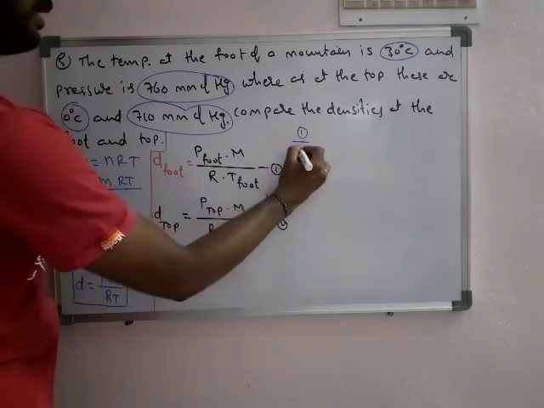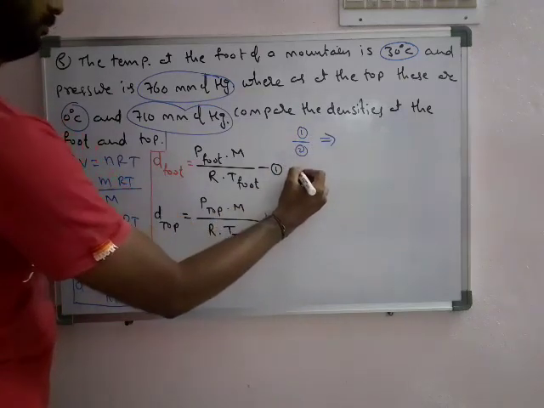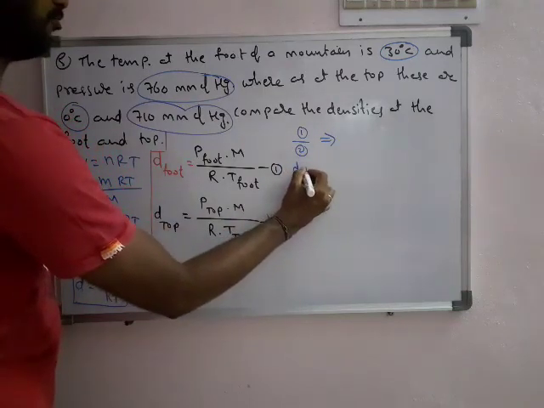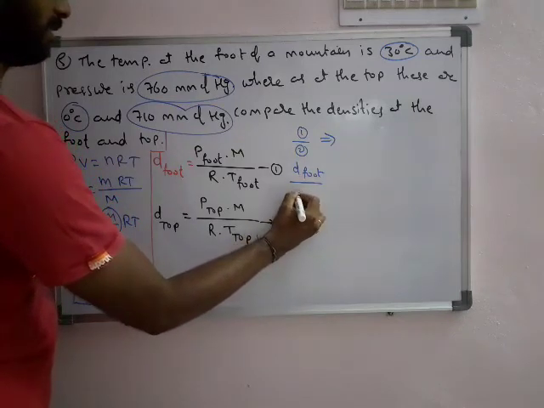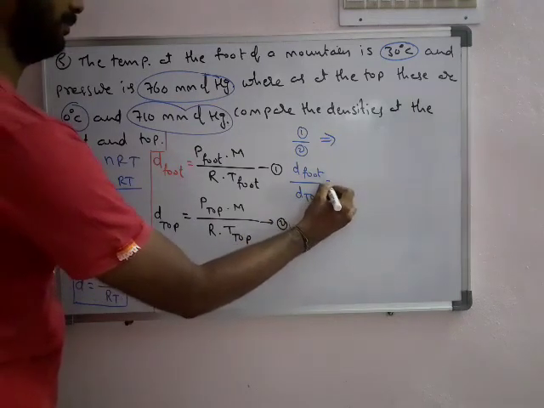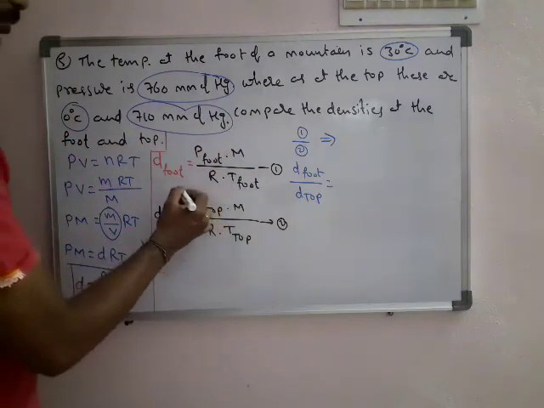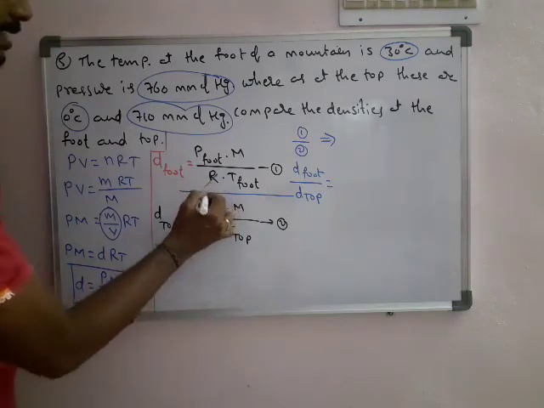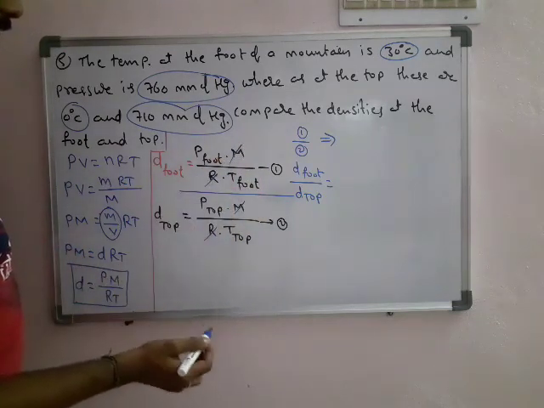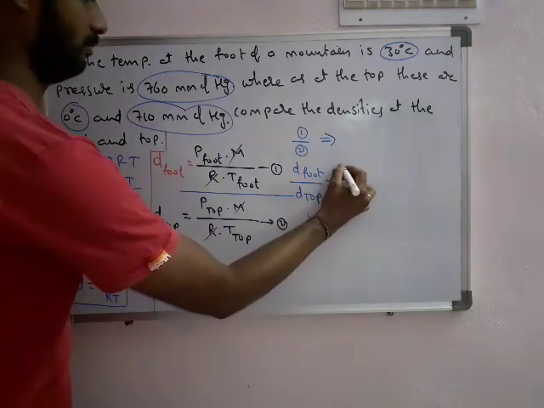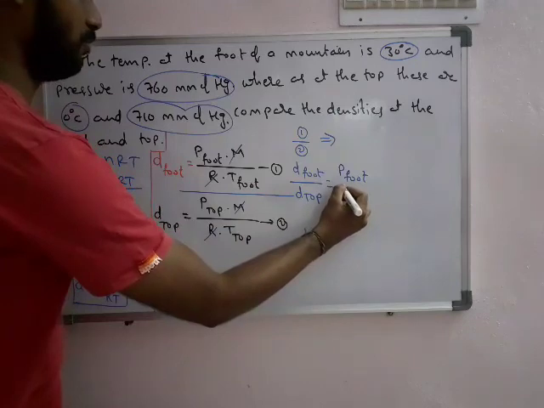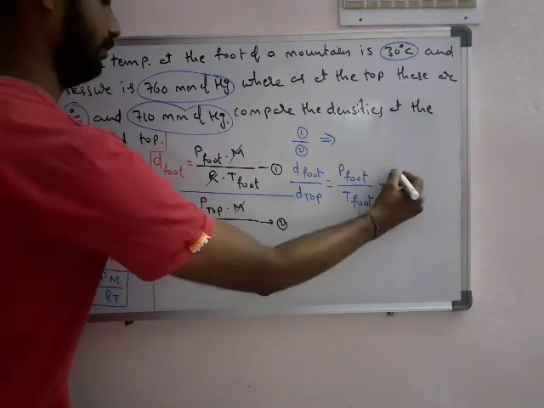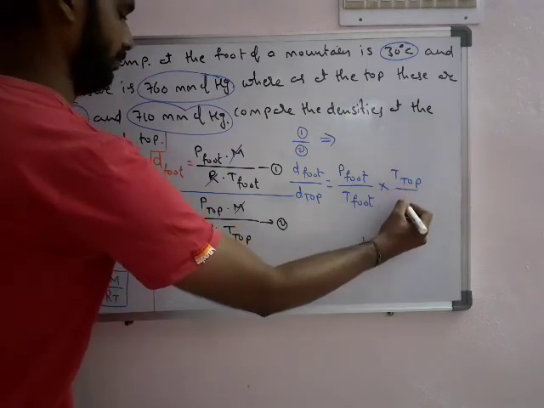By making equation 1 by 2, the density at the foot by the density at the top, all will get cancelled. There is no other cancellation. We get P foot by T foot and T top by P top.